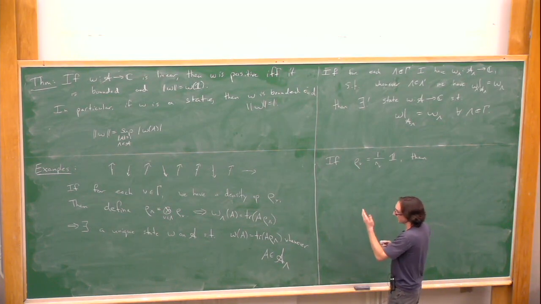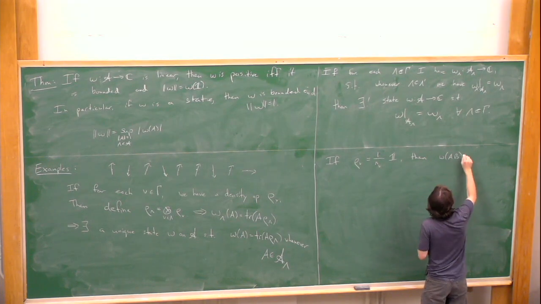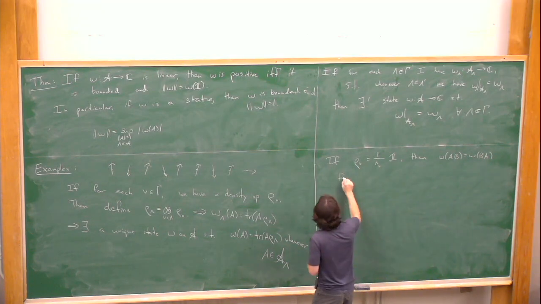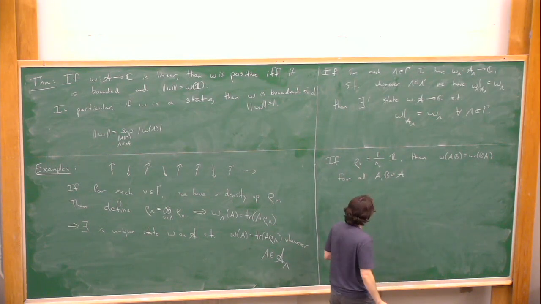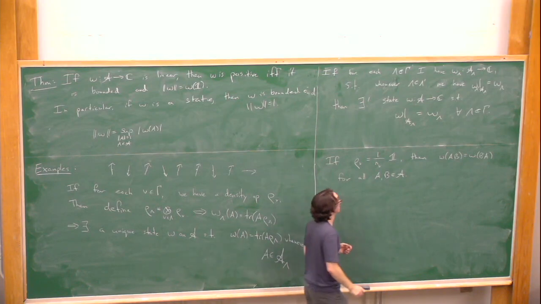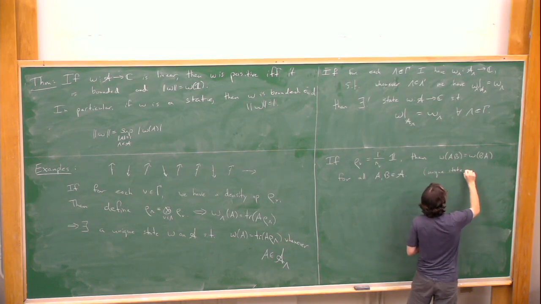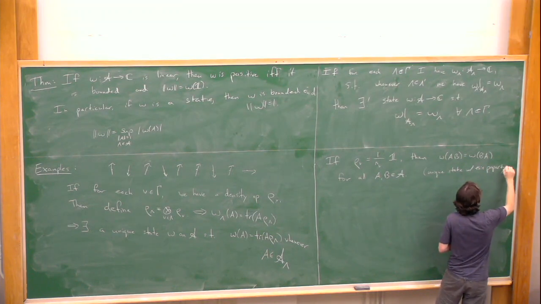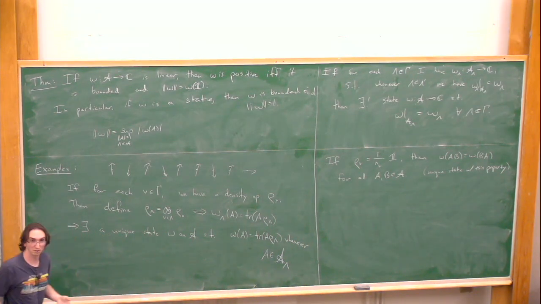And in particular, it has the cyclic property of the trace. So then omega of AB is omega of BA for all A, B in A. And in fact, it's the unique state that has this property. So that's a useful thing if you want to do things like partial traces on this C-star algebra instead of on a Hilbert space.